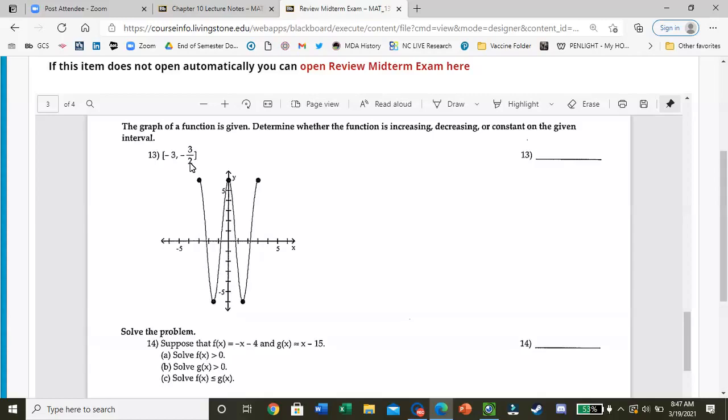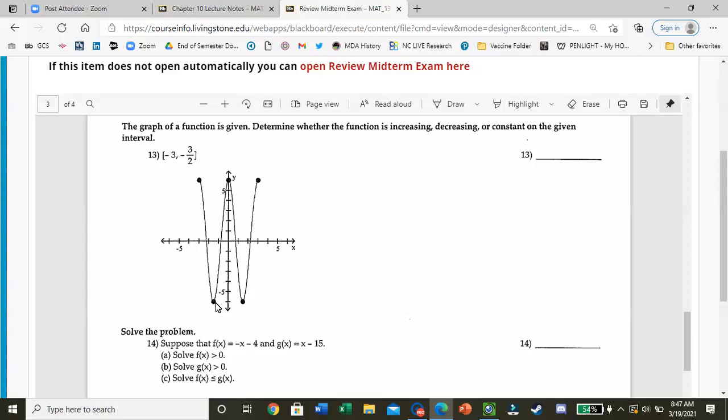So we're looking at this interval here. We look at the interval for the x values, but we look at what y is doing. So is y increasing or decreasing between -3 and -3 halves? It's decreasing, so that's our answer.